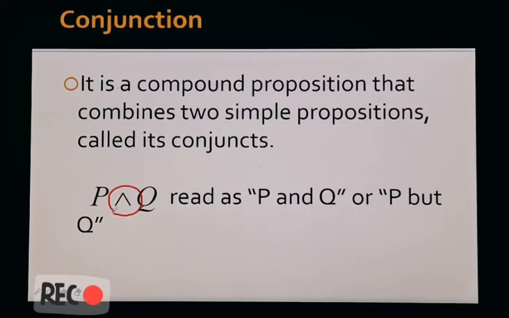If you could see the symbol, it signifies conjunction, and that is read as P and Q, or we could say this one as P but Q. The keywords there are and, but. These two words indicate conjunction.